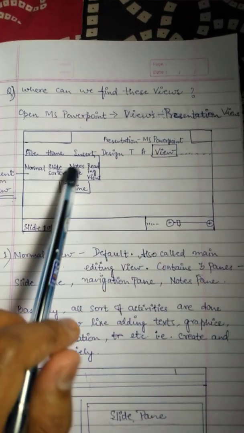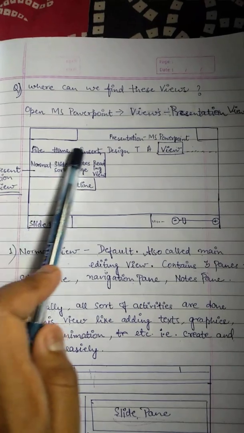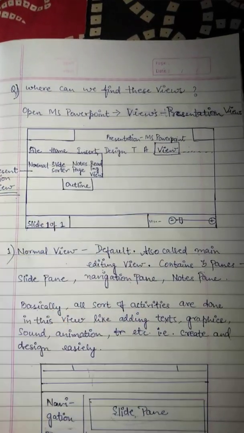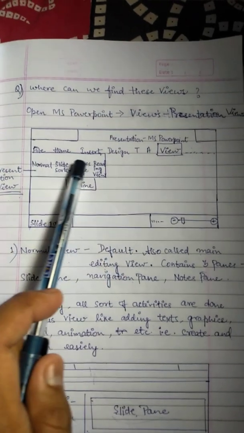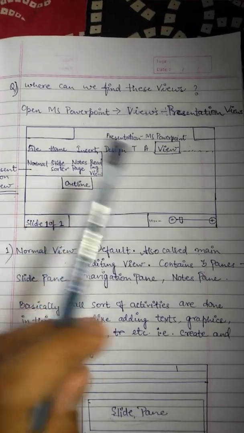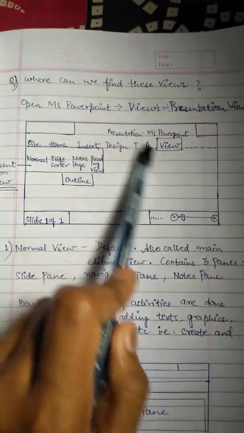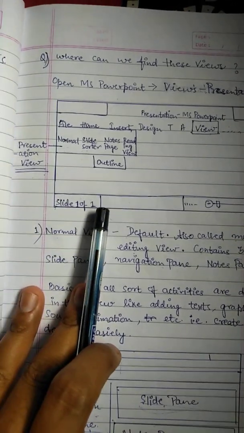After you click on View, the ribbon below these options, Home, Insert, etc., will change, and everything related to view will be presented here. I hope everything is clear now.